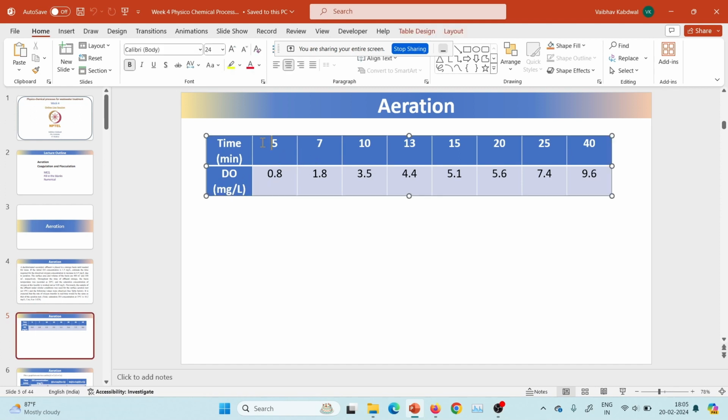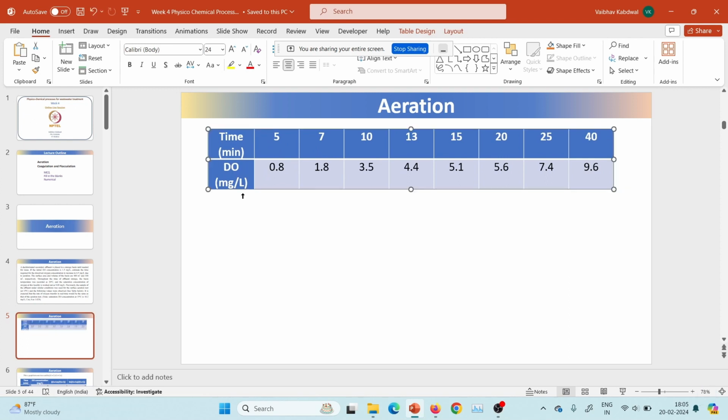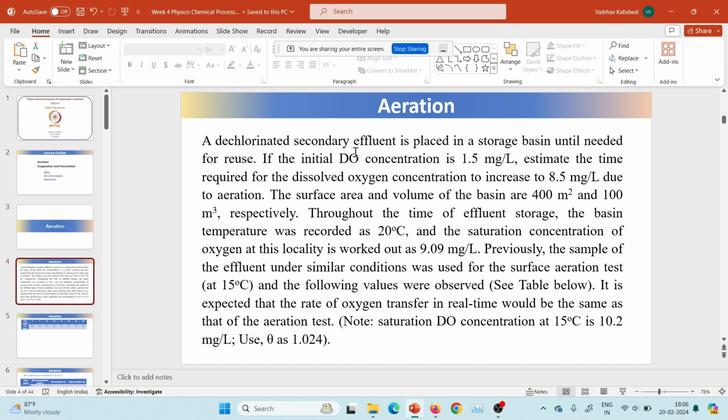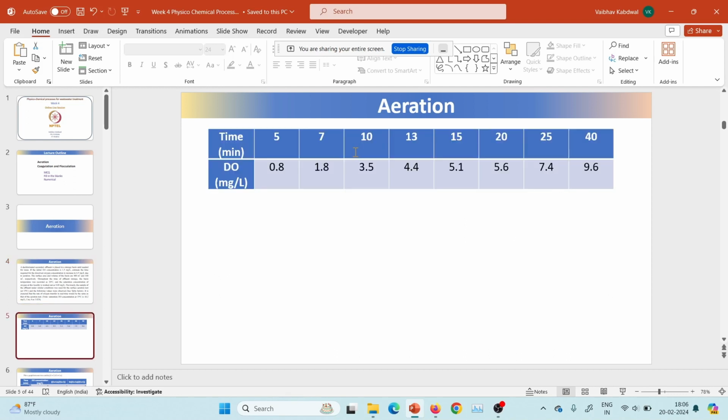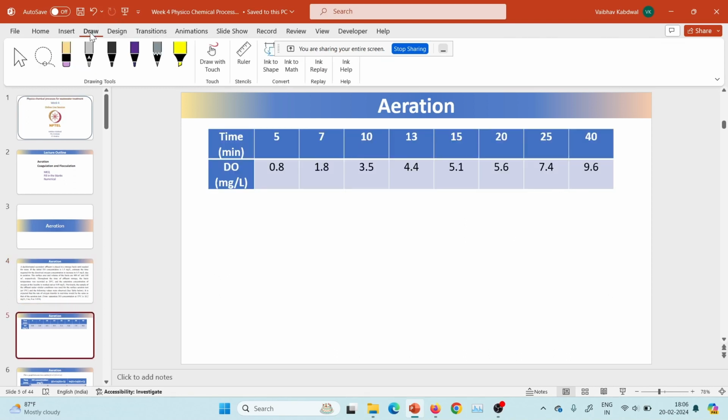I will write the equation. The question is saying the dechlorinated water is given to us. So its initial DO is 1.5 milligram per liter, and I will write that, it will be better. There are two types of data given.